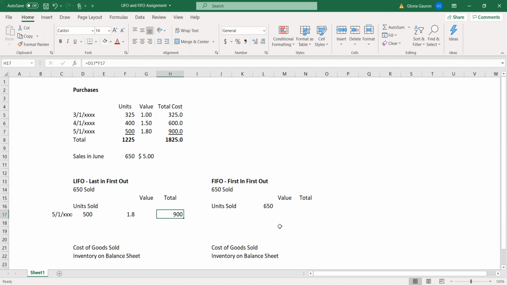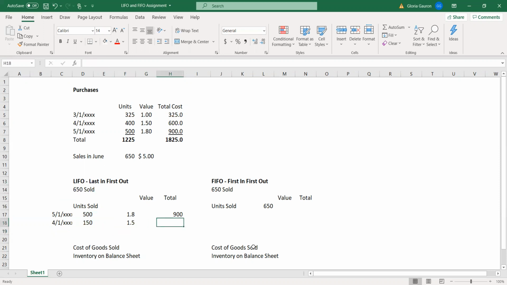But I'm not done yet because I sold 650 units, which means I need to take some inventory from the purchases that were made in April in order to meet that 650. So I'm short 150 units. So I have to use from my 4/1 purchase, 150 units, and those were purchased at $1.50.